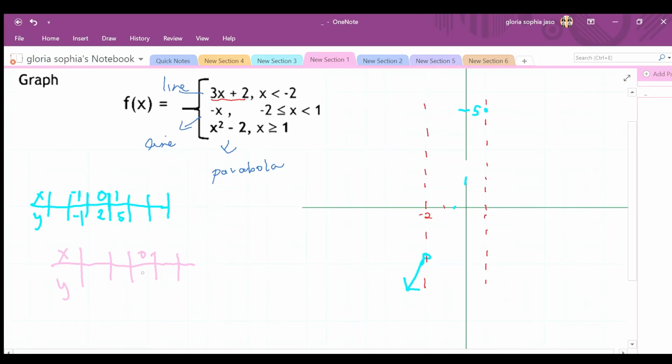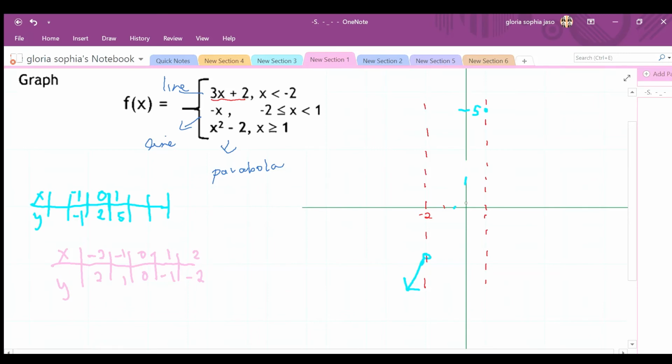So, kung 0, 0. Kung -1, +1, kasi -1 times -1, so magiging +1. Kung -2, 2. Kung 1, negative 1.